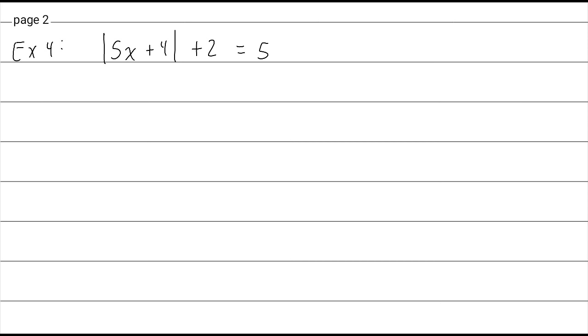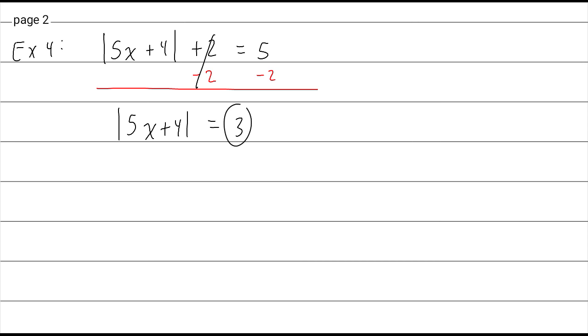So I'm going to subtract 2 from both sides of the equation, and that leaves me with the absolute value of 5x plus 4 equals 3. This one fits better than the last one. This is not a -3, it's a +3, so this one works. The inside part could equal 3, or it could equal -3. It sets up 2 equations.